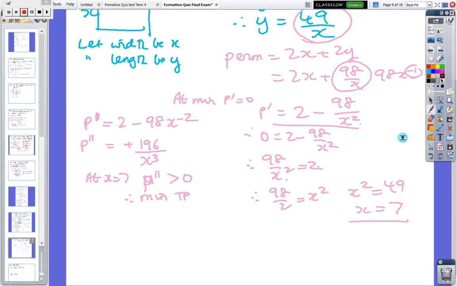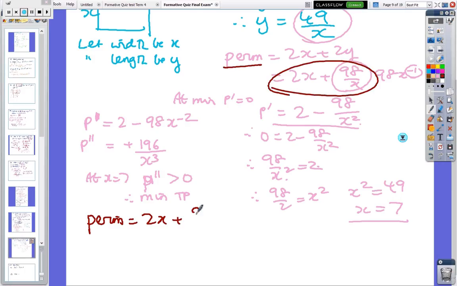Perimeter equals 2x plus 98 over x, equals 2 times 7 plus 98 over 7, equals 14 plus 14 equals 28 meters. Okay, so that's the answer, 28 meters.